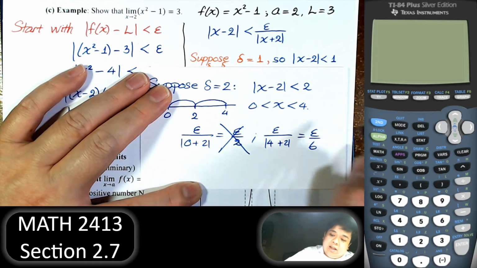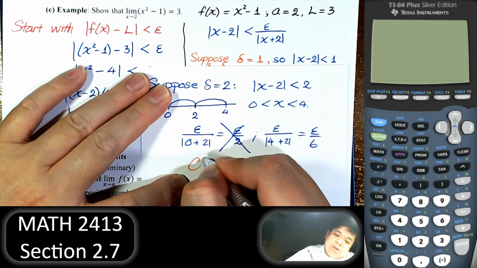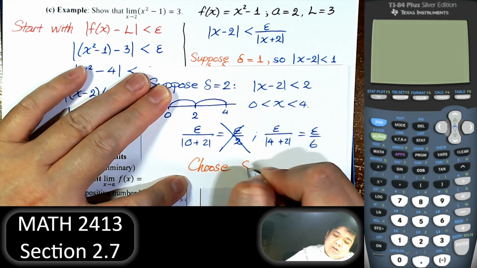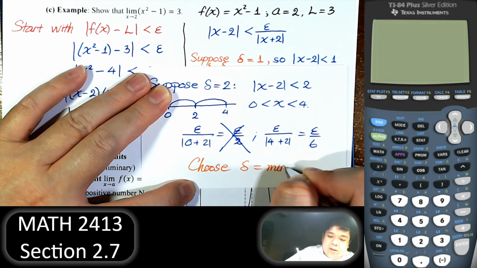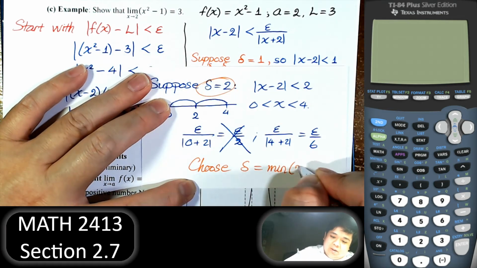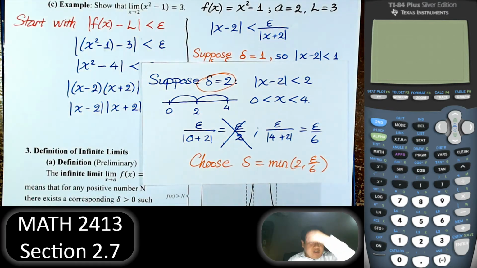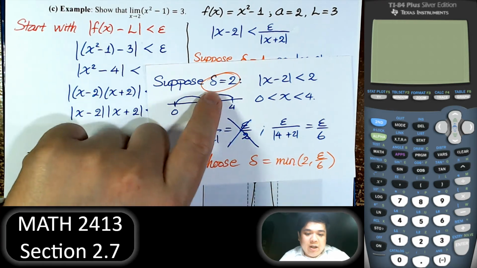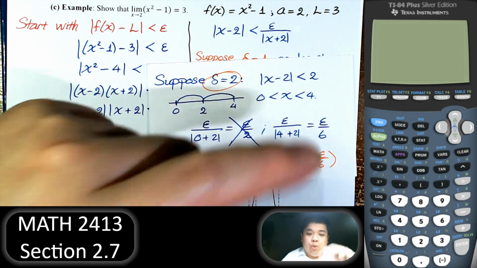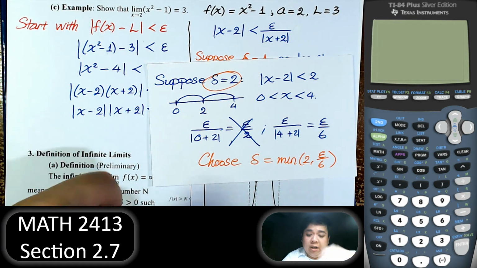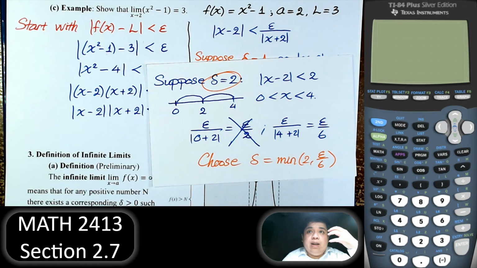And in that case, I will choose delta to be the minimum of these values. Because if it is less than 2, it already is less than 2, so it's good. If it's not, depending on epsilon, choose epsilon divided by 6, and we'll go with that.